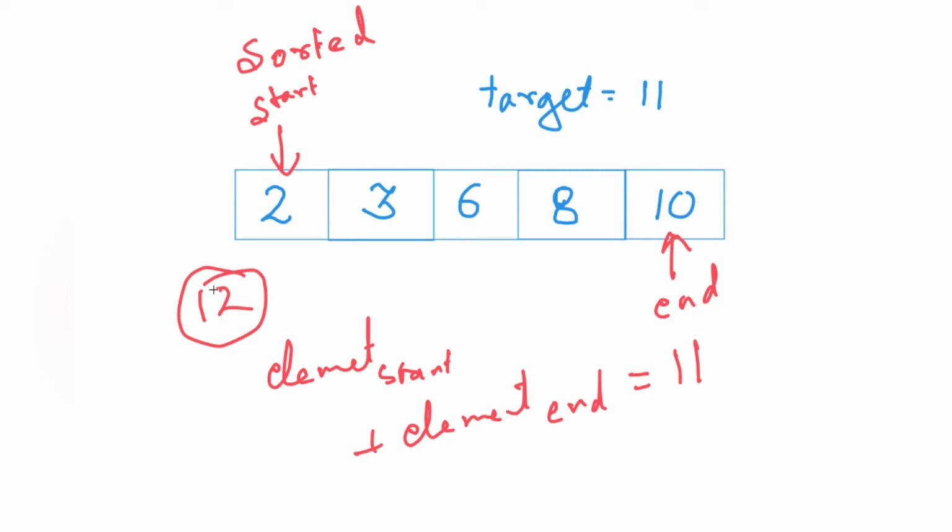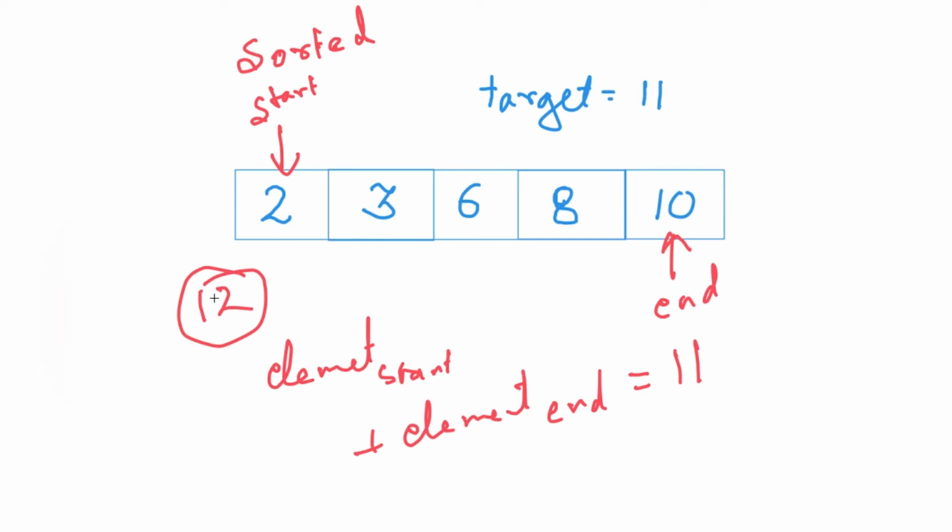And this array is also sorted, which means if you have a solution in this array, then you have to take a value for the ending element which is lesser than 10, right? Because 2 is the smallest value and 10 is the greatest value in this array, because it is sorted. So when you add 2 plus 10, you get something which is greater than 11.